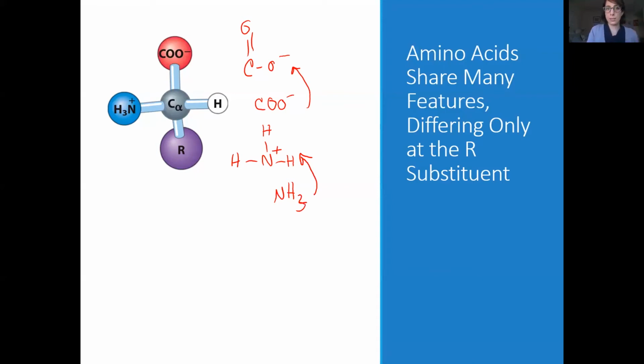We'll get more into where these charges come from, but I want you to just understand what these abbreviations mean. So COO minus is an abbreviation for this structure. Don't forget where the structure and the abbreviation come from. So remember that COO minus represents this particular structure.